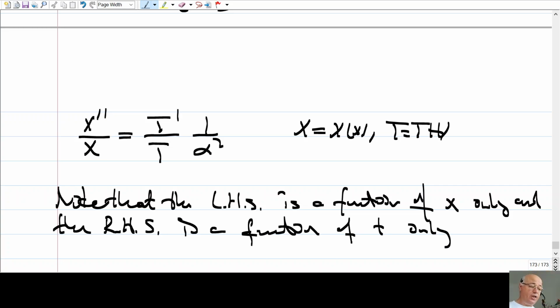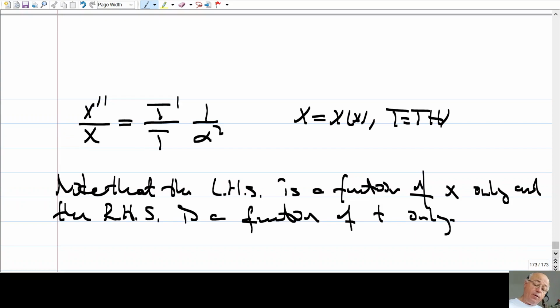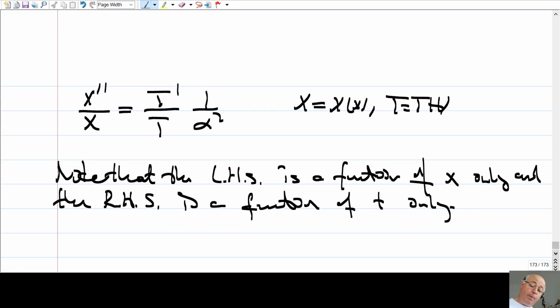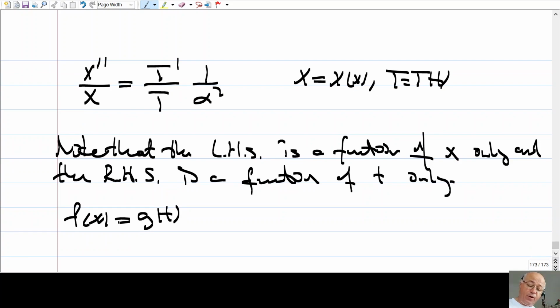Here alpha is just a constant, okay? It's a constant. Well, if I have functions of independent variables x and t, and these two functions are the same, right? So I have a function and this is equal to a function of some other variable.